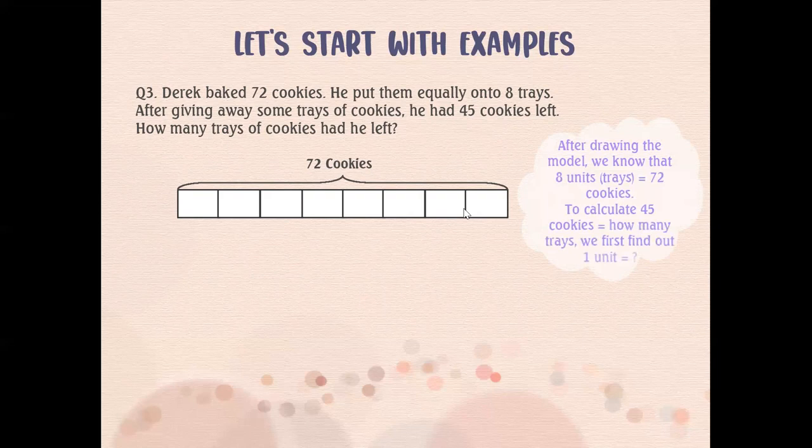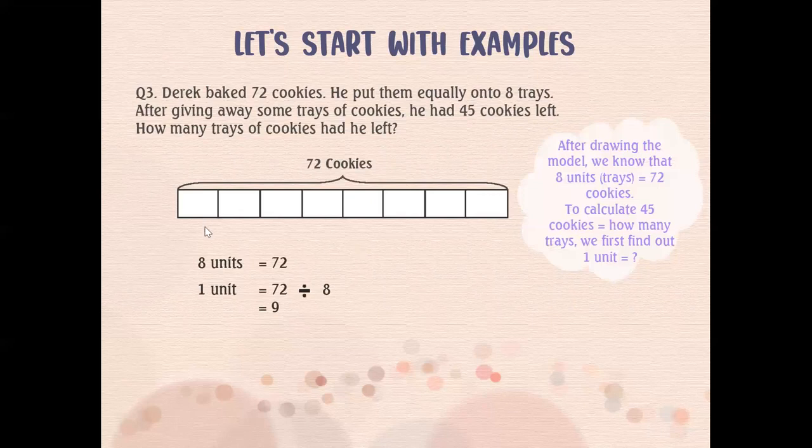After drawing the model, we know that 8 trays is 72 cookies. To calculate how many trays 45 cookies is, we have to find out 1 unit first. So 8 units is 72. 1 unit is 72 divided by 8, which equals 9.